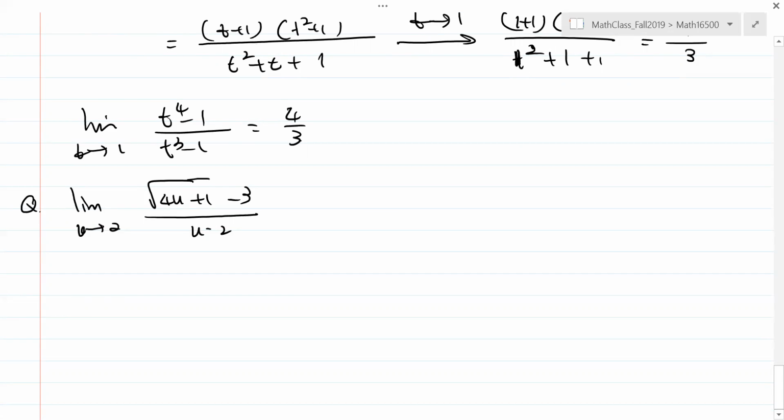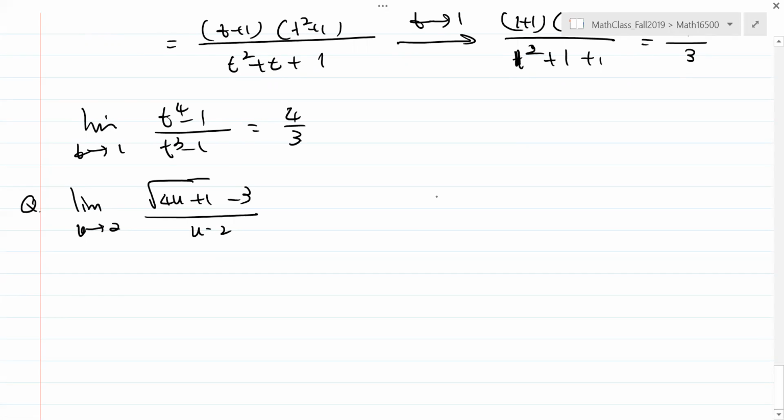Clearly, when you plug 2 for u, the denominator is 0. So 2 is not in the domain. So you are not able to find the limit by evaluating the function at that number. You cannot do that because 2 is not inside the domain of this expression.